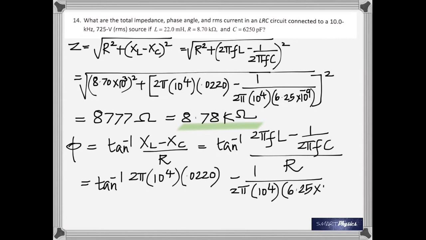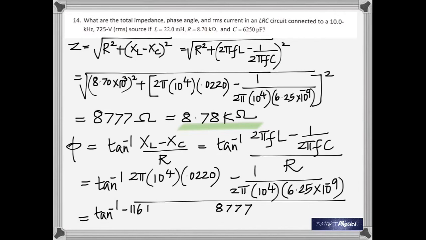You got to be very careful when you do all these calculations, because there are many chances of you going wrong. In this case, you get it as tan inverse of minus 1164 by 8700, which gives minus 7.62 degrees.